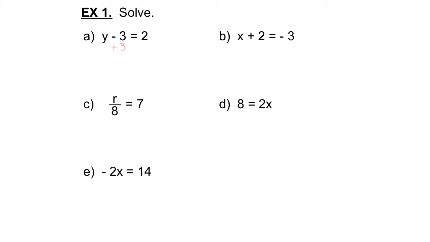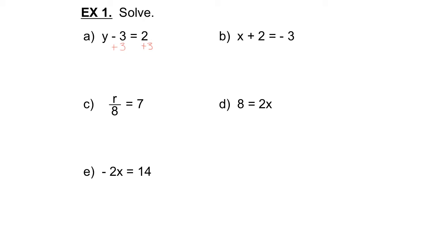Now I can't just add 3 to the left side of the equation because now I've changed the equation. So to keep this equal, to keep the equation unchanged overall, I need to do the same thing on the other side. So I've added 3 on the left, I'm going to add 3 on the right.